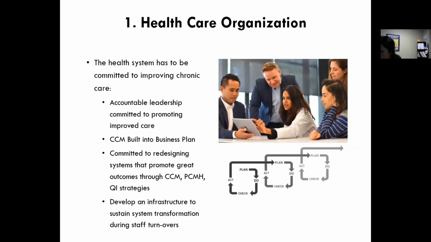System redesign that produces outcomes along the lines of the chronic care model and PCMH has to be part of the leadership approach. And just as importantly, develop an infrastructure to sustain that system transformation over time.